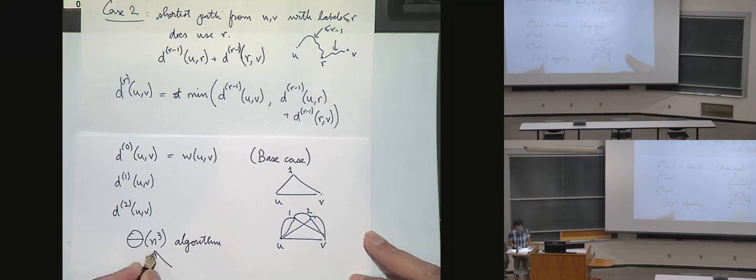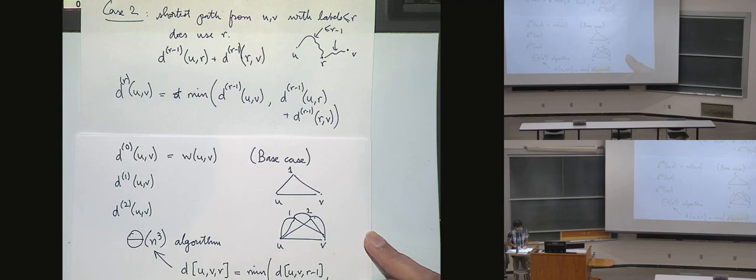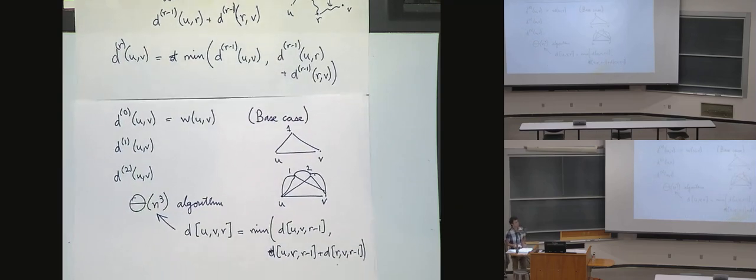And the n^3 is because your recurrence looks something like d(u,v,r) is equal to min of d(u,v,r-1), d(u,r,r-1) plus d(r,v,r-1).